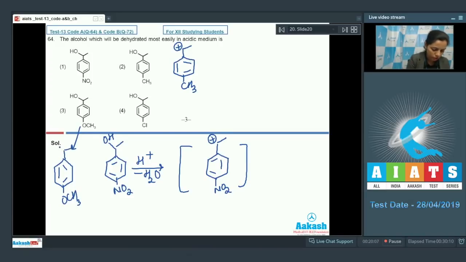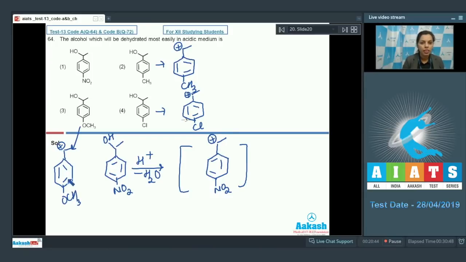This group also has the positive charge in this way. Carbocation is formed here, and here also the carbocation is formed, that is positive charge here, and here is chloro group. Among all of these carbocations formed, this carbocation where this methoxy group is present at para position is causing most stabilization of this carbocation, because this is electron releasing group and it stabilizes this carbocation.